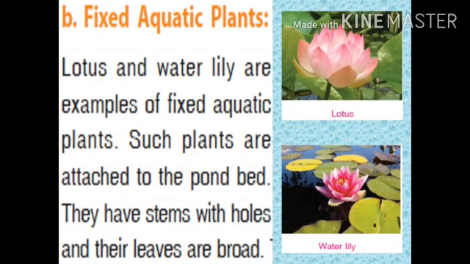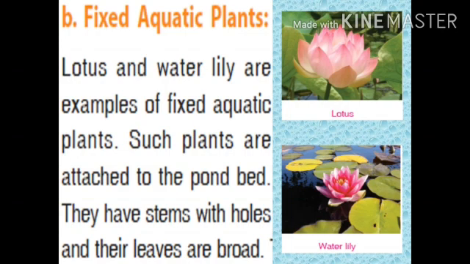Now the second one is fixed aquatic plants. As the name suggests, fixed aquatic plants are plants which are fixed at the surface. They can move from the upper part, but they are attached to the surface, so that's why they are known as fixed aquatic plants. Here are the pictures of lotus and water lily.